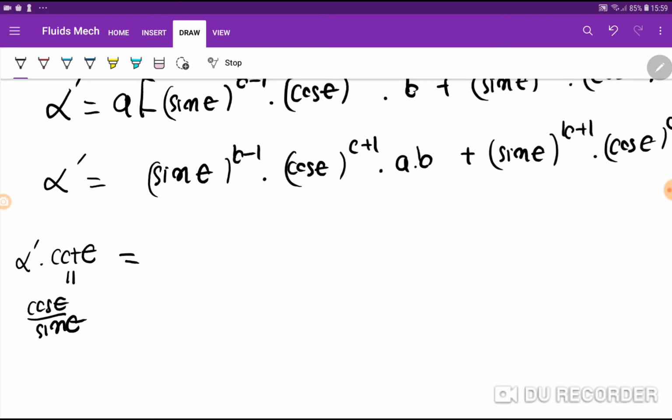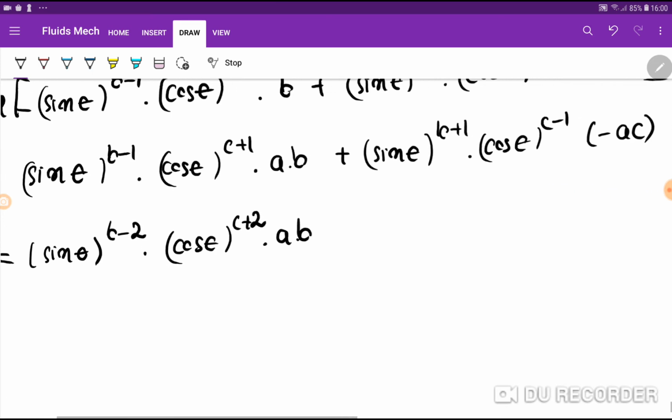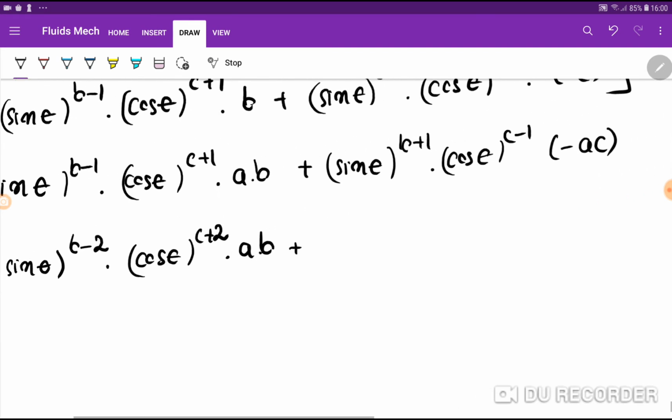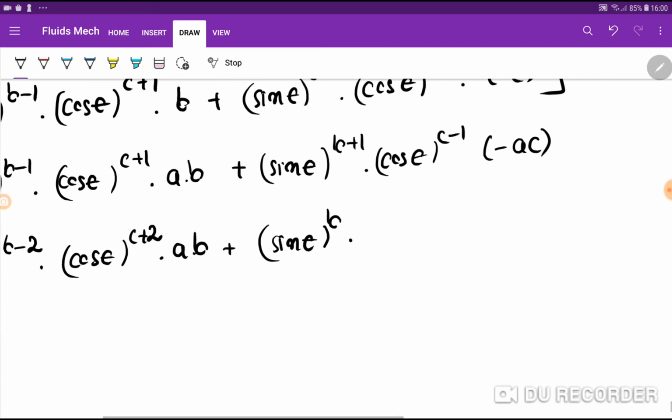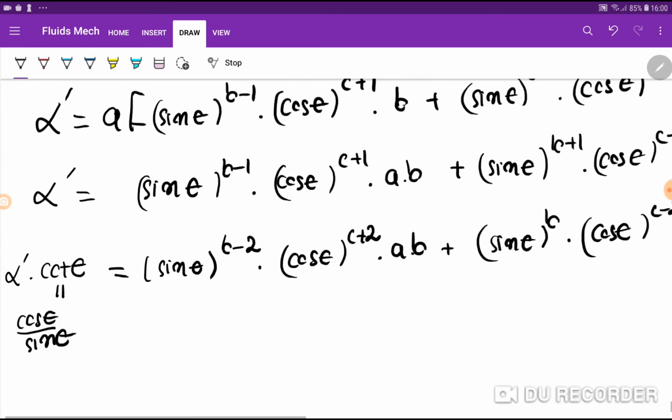If you multiply, sine lowers by one more power, so b minus 2, and cos increases by one power, so c plus 2, times ab, plus sine to the power b times cos lowered by one power, so cos theta to the power c minus 2 times negative ac. I'm going to highlight it yellow.